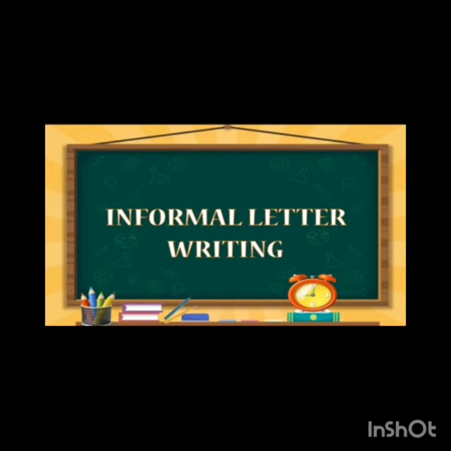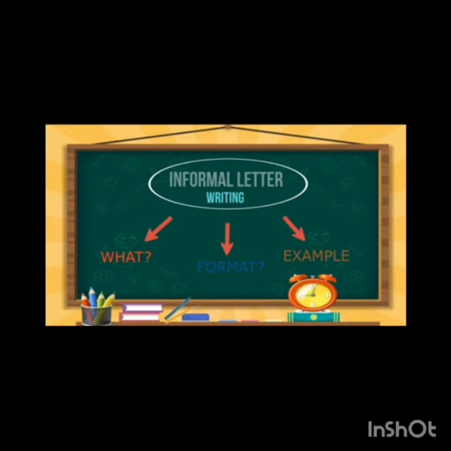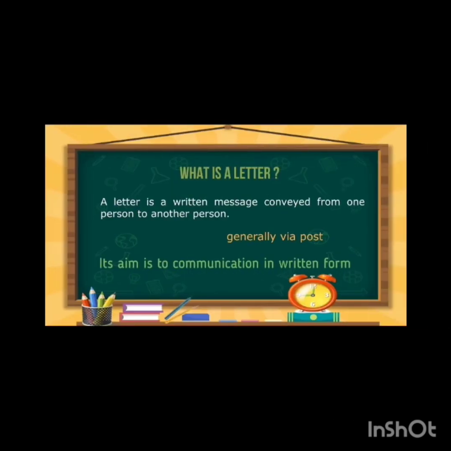Now let us see what informal letter writing is. First, what is informal writing? Then we are going to see the format of the informal letter. So, again, what is a letter?